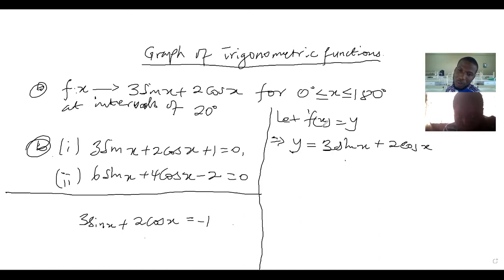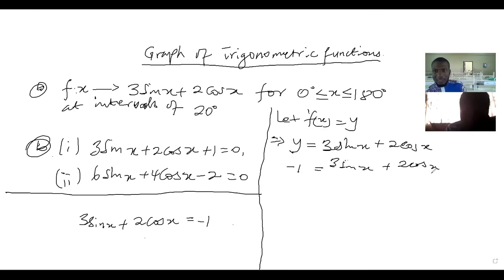So some people would like to write it like this: -1 equals 3 sine x plus 2 cos x. Okay? And by comparing, this one will be the same.